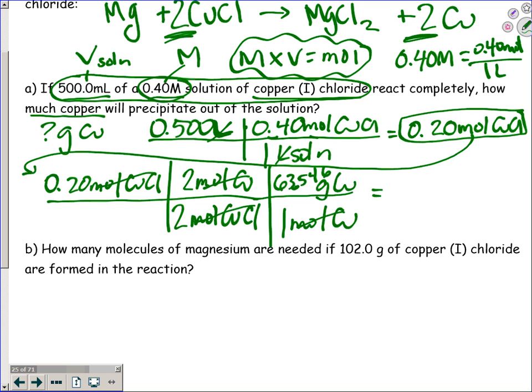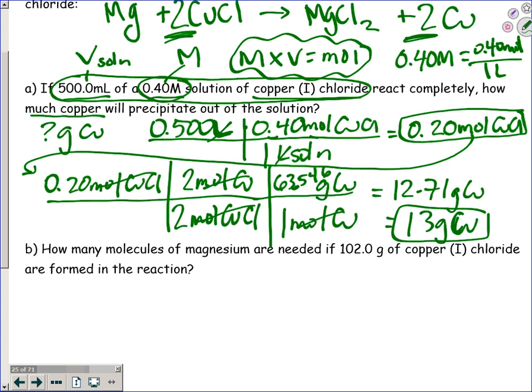So 12.71 is the answer before we consider sig figs, right? So consider sig figs for me. 13, right? Because there's only 2 sig figs in our initial information given. So 13 grams of copper. That's a lot of copper, actually.